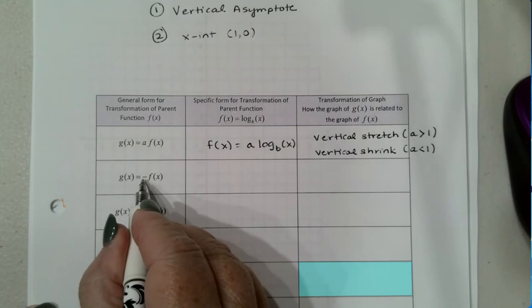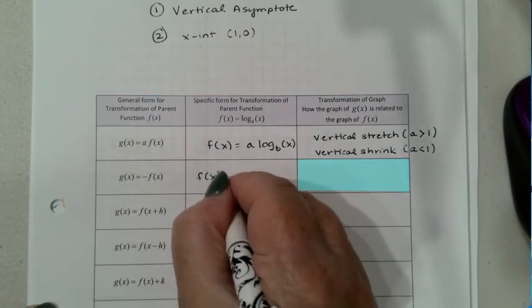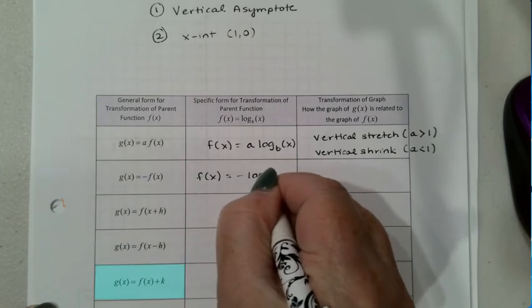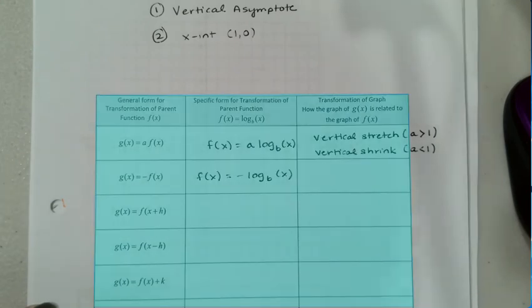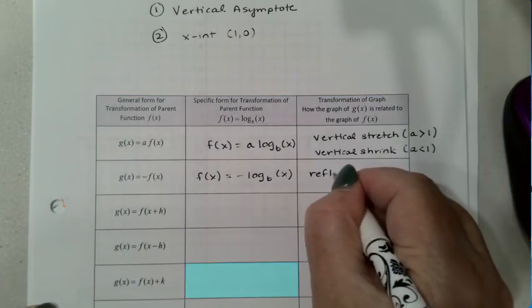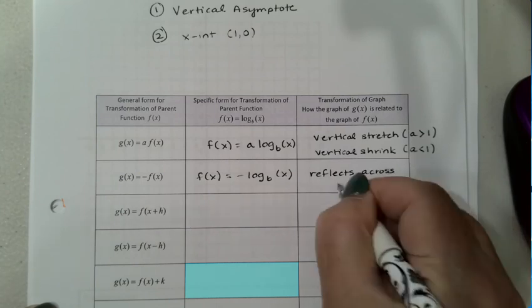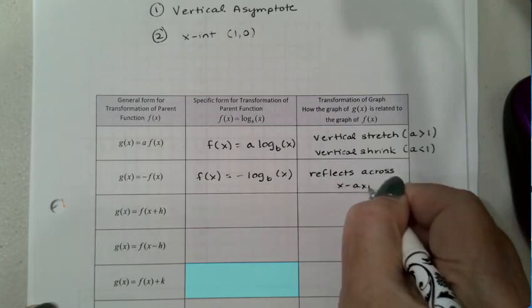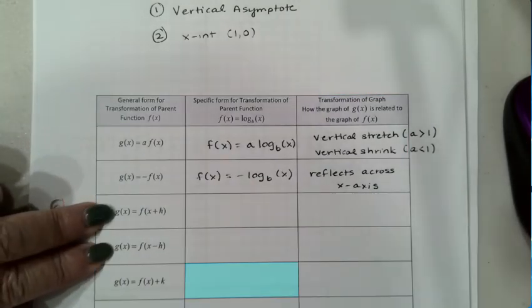If I have a negative leading coefficient, so I would have negative log base b of x, again, from our past experience, we know that just reflects our graph across the x-axis. There are our two horizontal shifts, right?